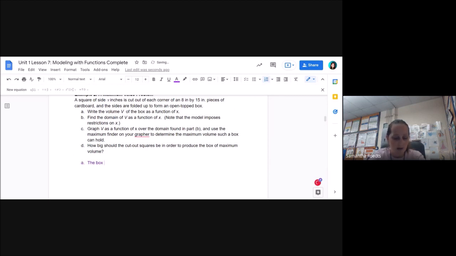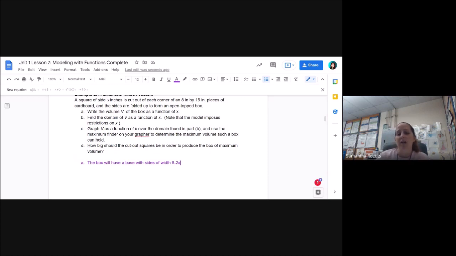So the box will have a base with sides of width 8 minus 2x. Remember what they told us up here is they're cutting the corner of an 8-inch by 15-inch piece. So we picked a side. We said width was the smaller size. You could use this as your length as well, it doesn't really matter.